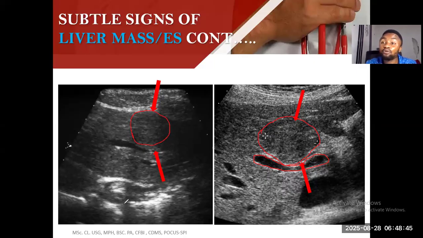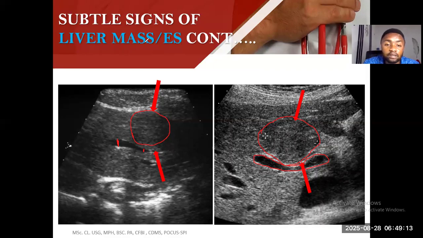Subtle means that if you don't watch it keenly, you will miss it. You won't see it. You can see that this tubular structure here is big and the width is big, but here, have you seen it is closing? It has closed this tubular structure over there. And that should tell you there is something pushing it.